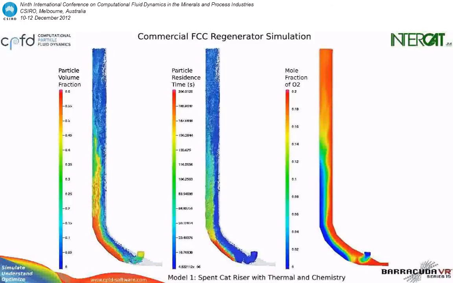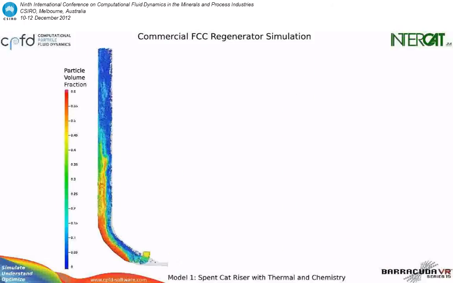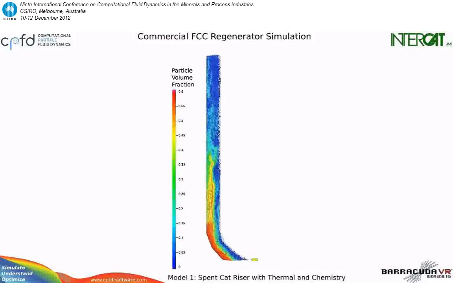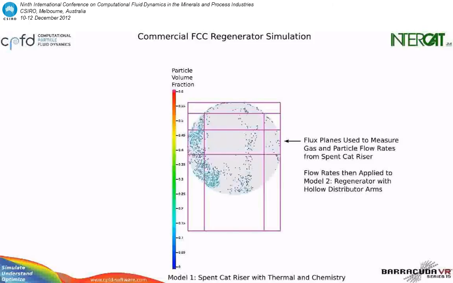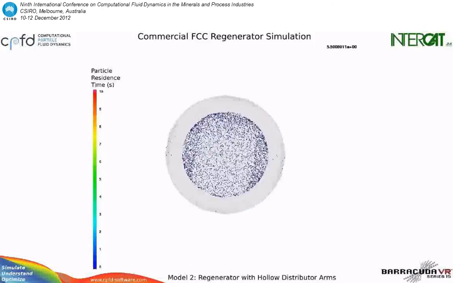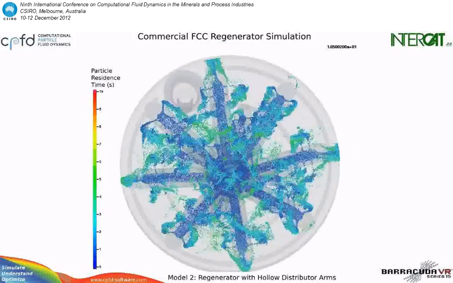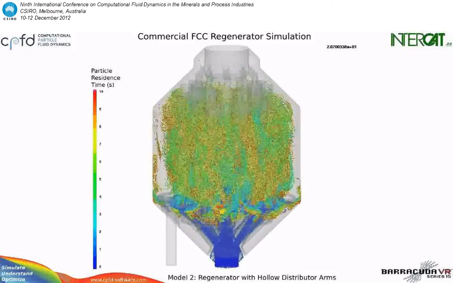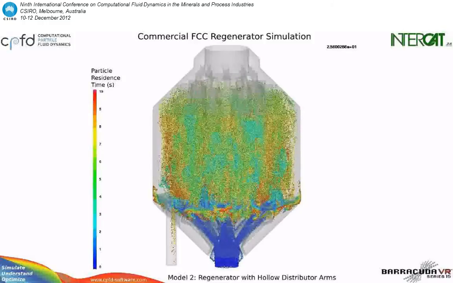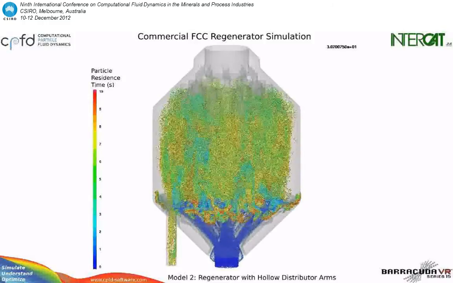The spent cat comes down from above, and then the lift gas sweeps it up the bend, up the riser, and into the regenerator. So we used flux planes at the exit of that riser and used that as the boundary condition for the model of the distributor, which was the second of the 3 models used.